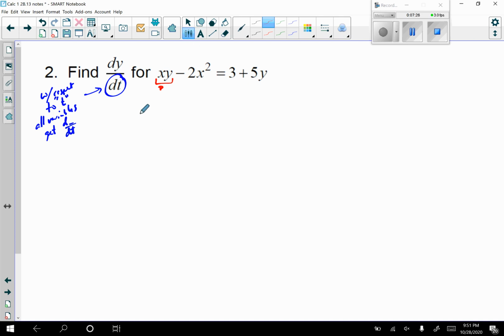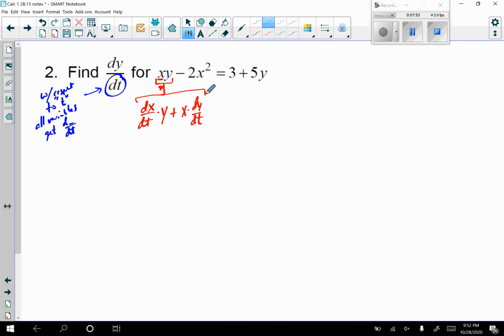We said 1, but that 1 needs a dx variable compared to t. So this is dx dt times the original y plus the original x times dy dt. The derivative of y is dy dt. So there is our product rule.